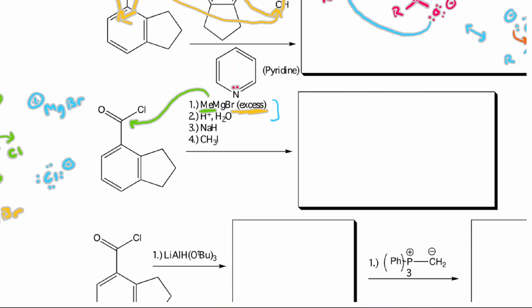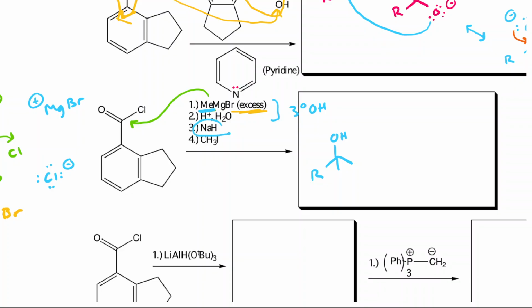And a really fast way to think of this is to know that these two steps are going to make the tertiary alcohol by adding in whatever is attached to the Grignard as the alkyl groups.